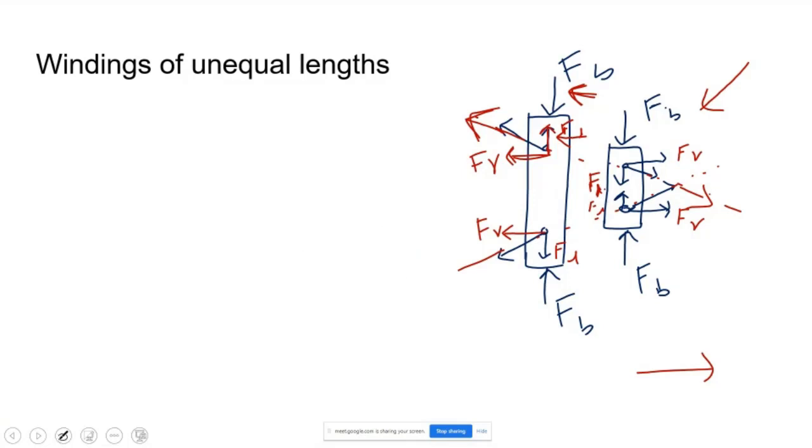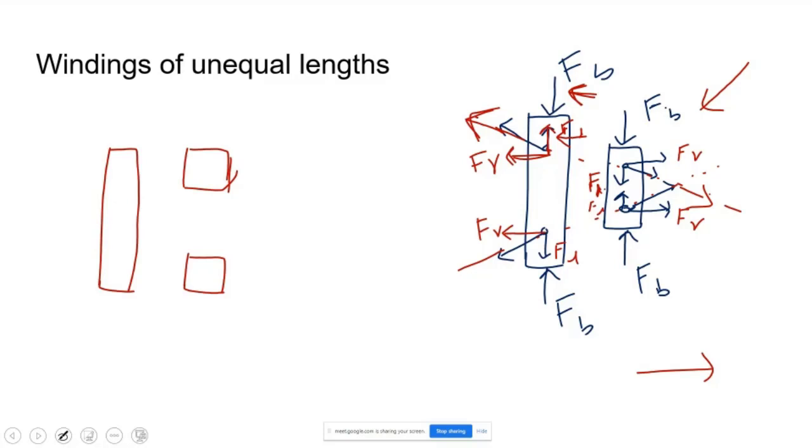Consider two windings like this. This is the first winding, and you have part of a second winding like this here. Sorry, another part of the second winding like this. Now, how will the forces be? Just draw it for your exercise.